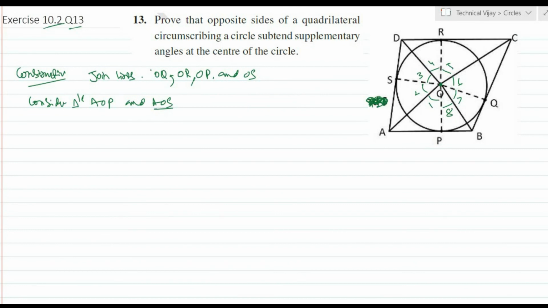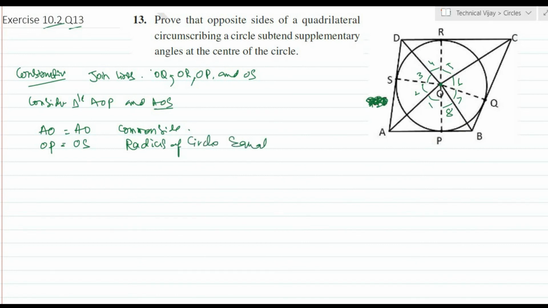By considering triangles AOP and AOS, AO is equal to AO because this is a common side. Okay, and OP is equal to OS because these are radii of the circle, and radii of a circle are equal.